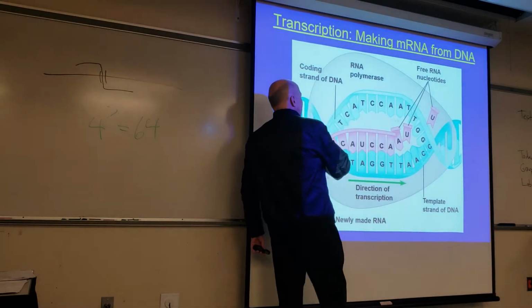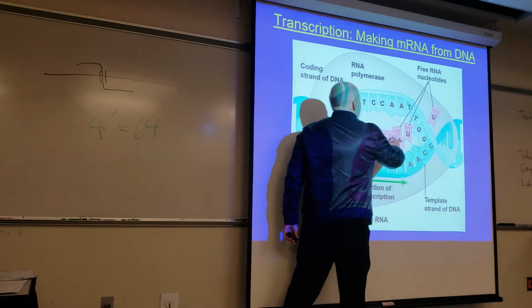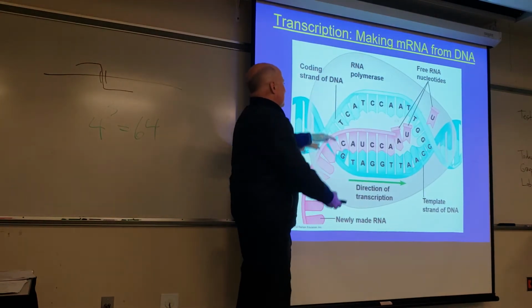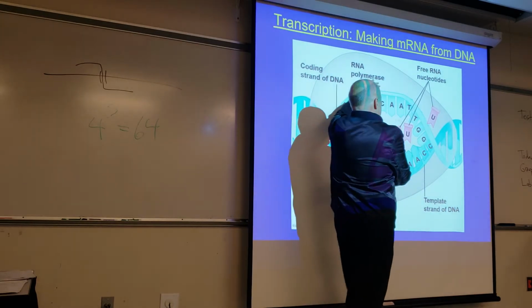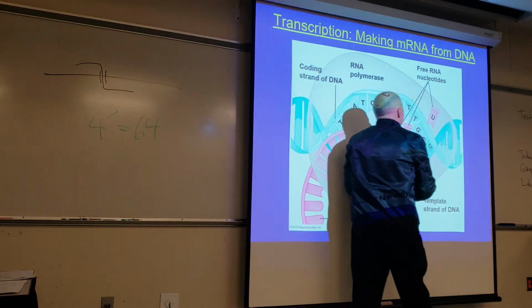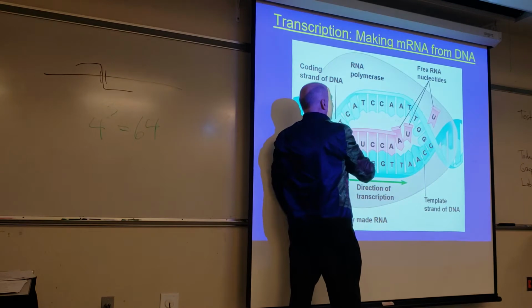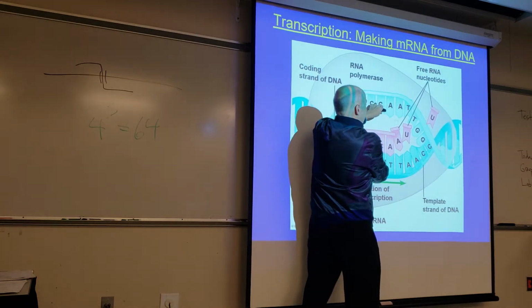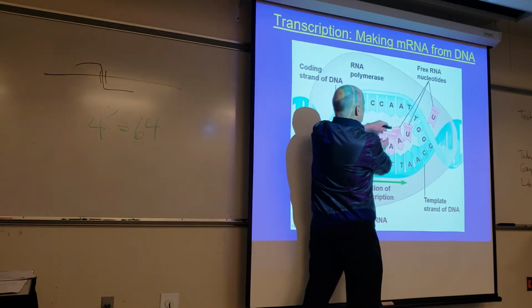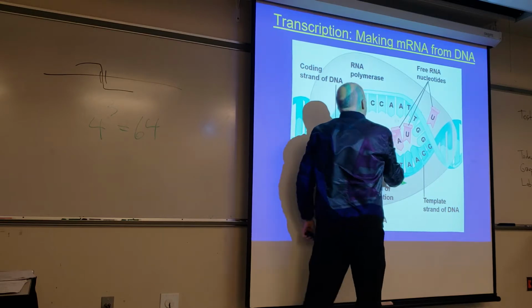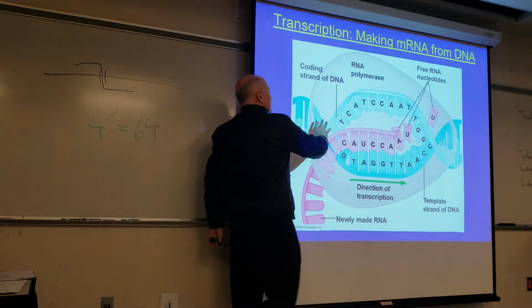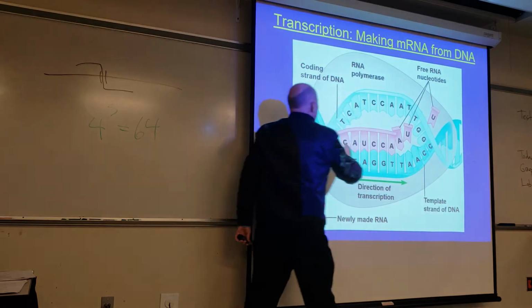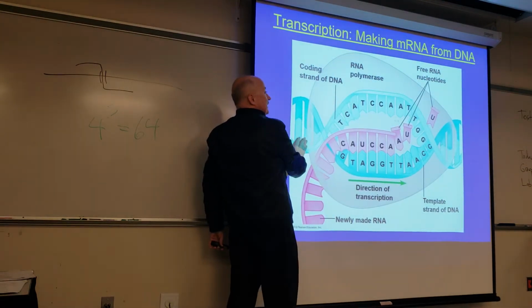So you end up building this messenger RNA base by base as the RNA polymerase slides along the DNA, temporarily unzipping the DNA, breaking the hydrogen bonds between the DNA bases, spreading them apart, and then they close right back up. Here the RNA polymerase is moving to the right, and these have already closed back up.